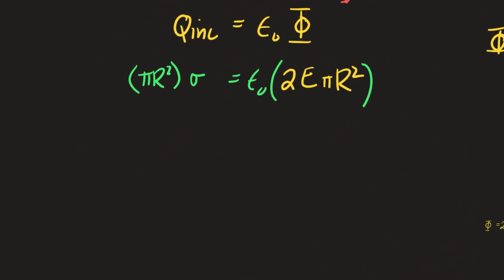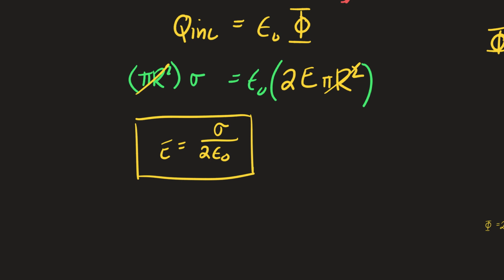So I'm going to cancel out the things that are the same on both sides. And I'm going to solve this for electric field, which is going to give me sigma over 2 epsilon naught. This is a constant, meaning the electric field near a sheet is constant, a uniform electric field.